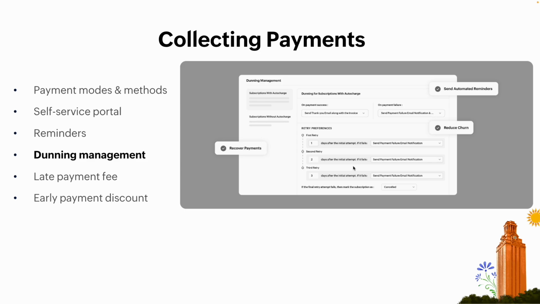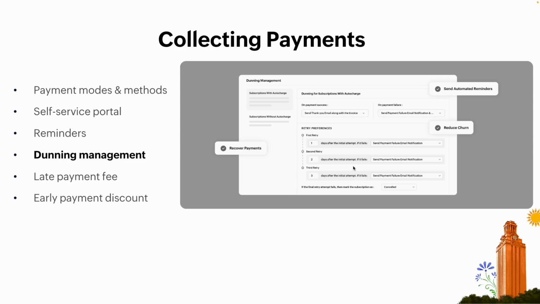After unsuccessful retries, you can choose if you want to just cancel the subscription and void the invoice, or you can also choose to mark it as unpaid and manually follow up with your sales team. This will ensure that you can get money on time, and you give your customers grace time so that they can make payment with alternate payment modes.